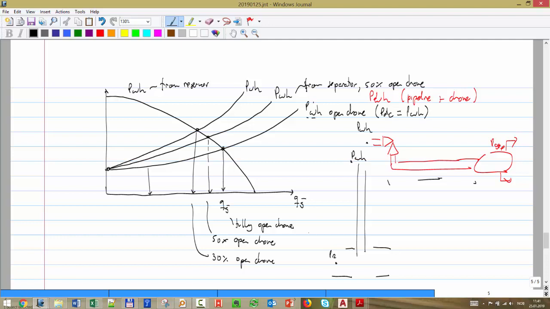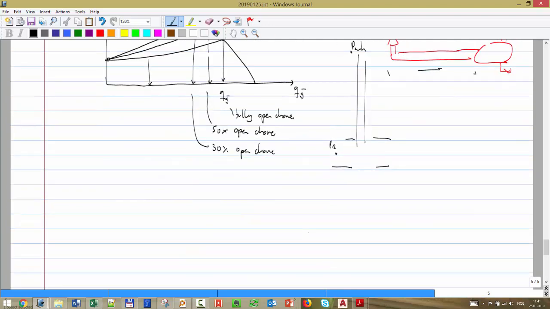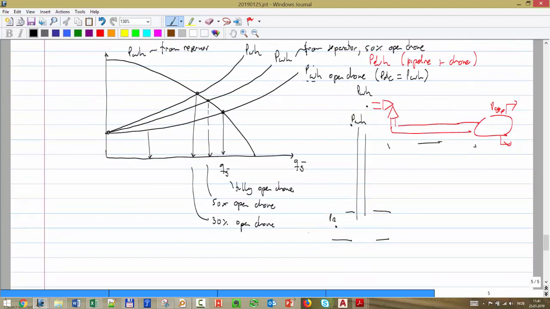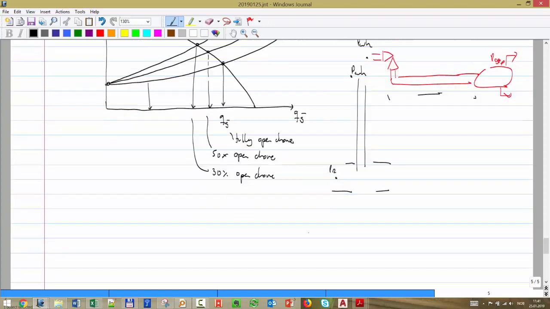Good. Now, when we proceed, we go to more complicated systems. We have oil, we have gas, we have multiple phases. These choke models become very, very complex. So I suggest using another approach, that is removing the choke completely from the system.